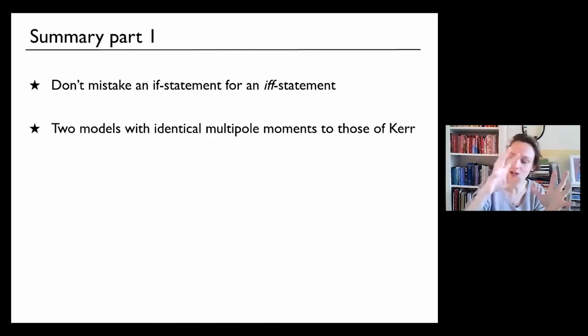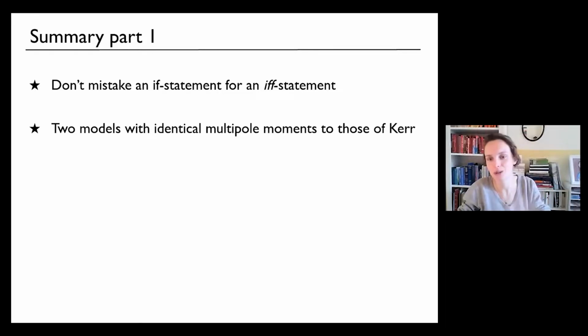But if you measure the field multipole moments, it does not uniquely determine what your central object is, right? You need additional assumptions. And we made that very explicit with these two Newtonian objects. And we have also given an algorithm for how to go beyond the Newtonian limit and do this iteratively for post-Newtonian corrections.